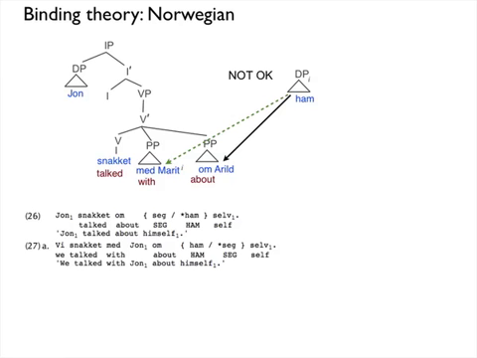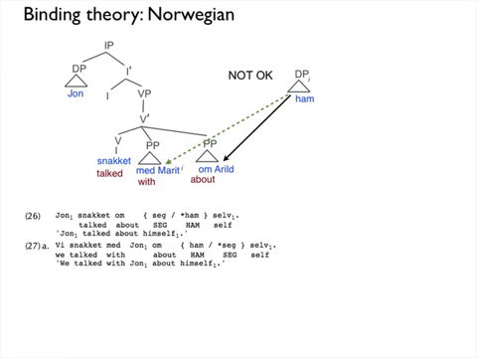So remember, John talked about seg self, fine. John kicked seg self, fine. Only possibility. John talked about seg self, John kicked seg self, John whatever, right? Subject, object, subject, complement.